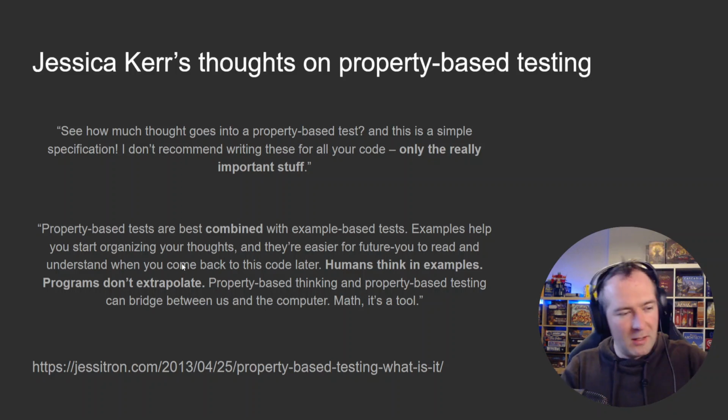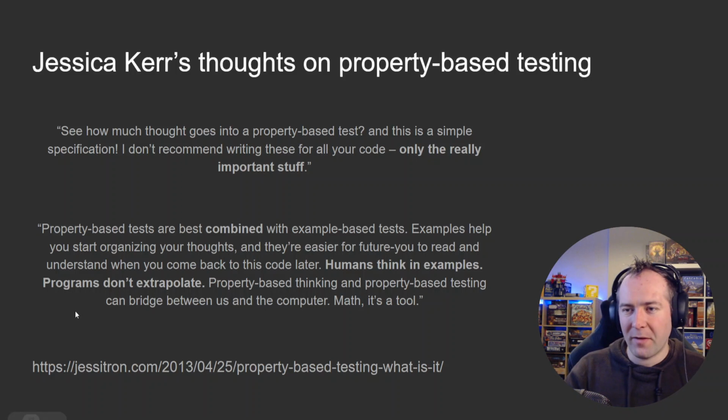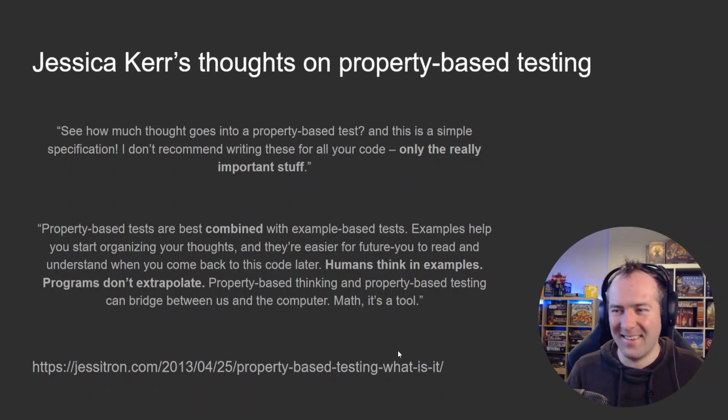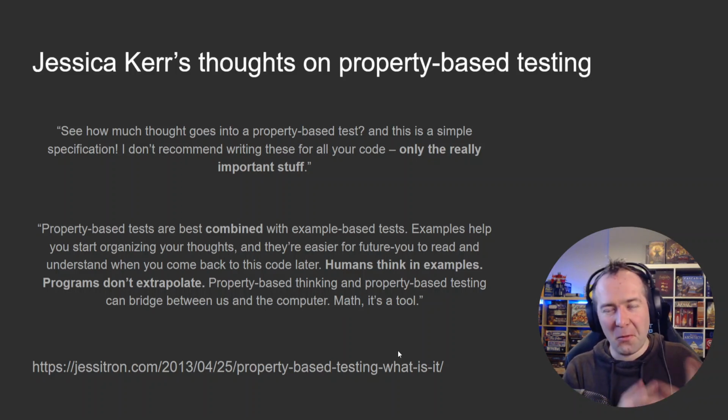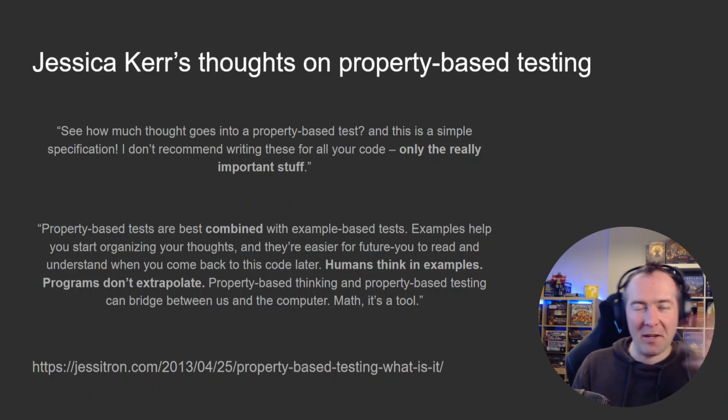So if you augment your unit tests with these randomly generated verifying properties, that's something a computer is very good at. So use both. Math, it's a tool. I love that end quote. So it's not an or thing, it's an and thing. And it's really hard, so don't do it for all your code. That's my executive summary of property-based testing.